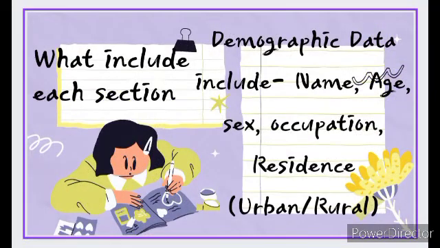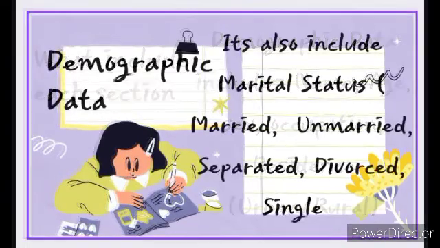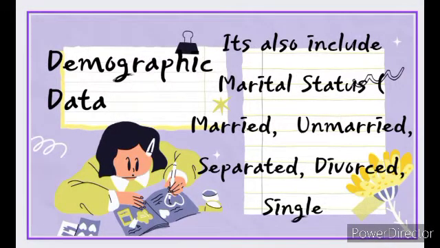First of all, the demographic data. What does demographic data include? It includes name, age, sex, occupation, residence, urban or rural, and marital status: married, unmarried, separated, divorced or single.